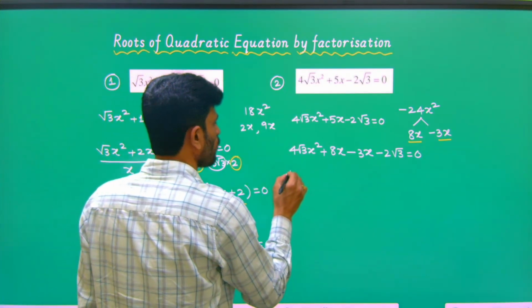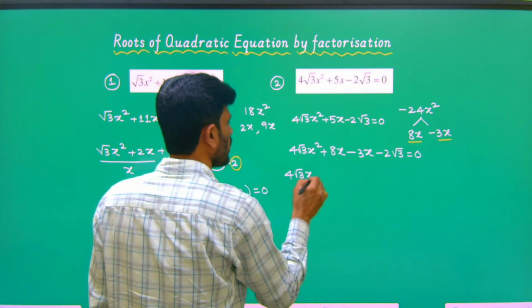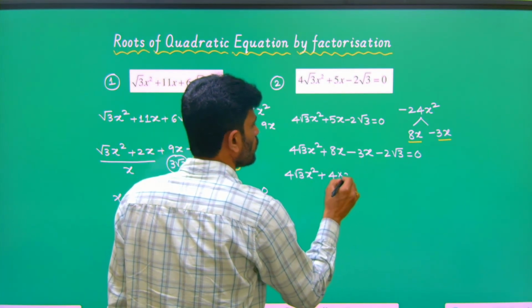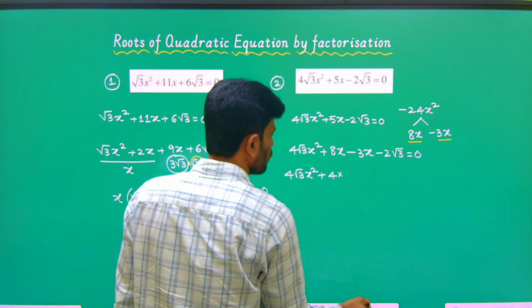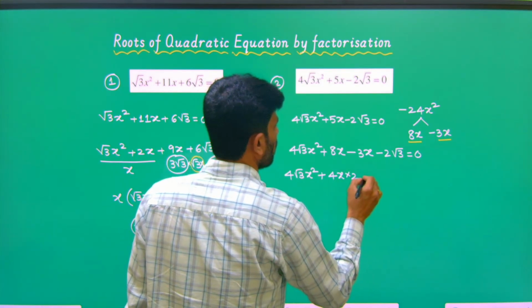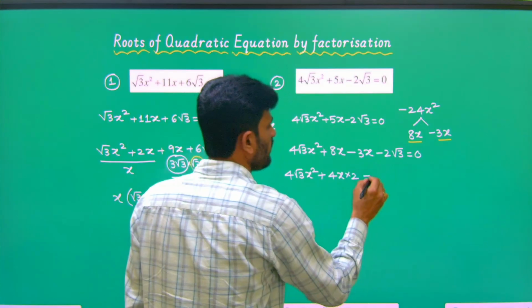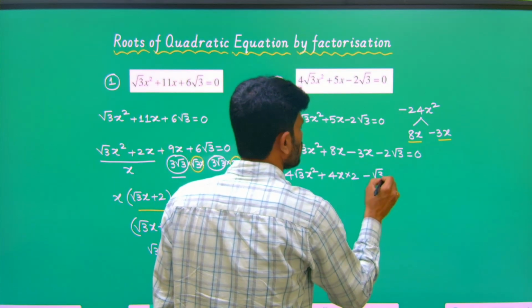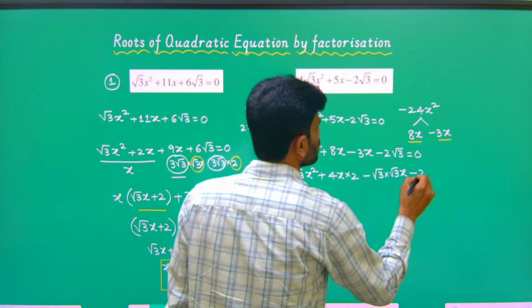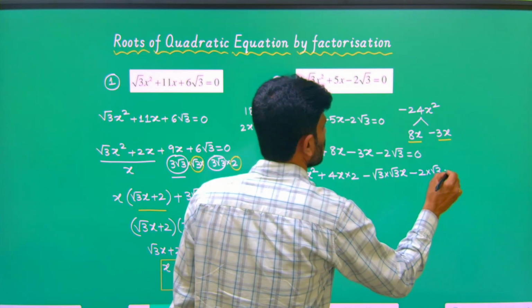We can write it as 4 into 2x or 4x into 2, minus, in these two, this 3 we write as root 3 into root 3x, minus 2 into root 3 is equal to 0.